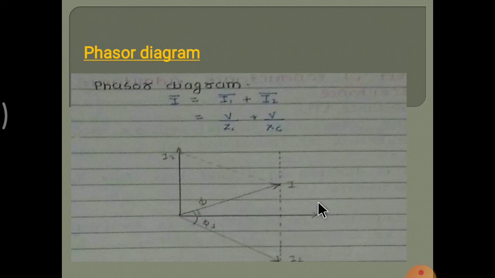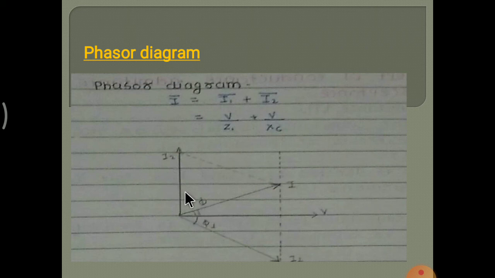This is the reference line V, then I1 is lagging by an angle phi 1 to V for the series RL combination, and I2 is leading V by an angle 90 degrees.